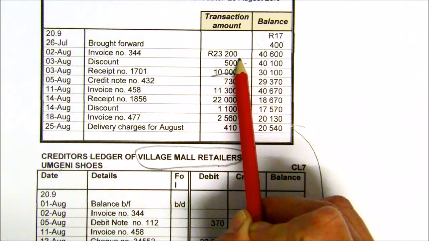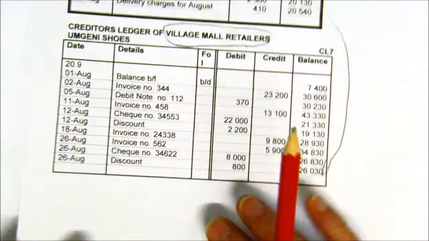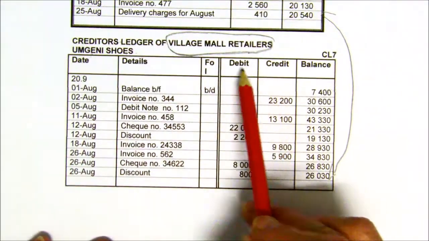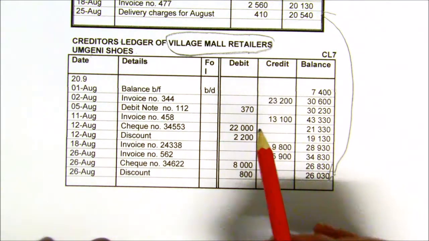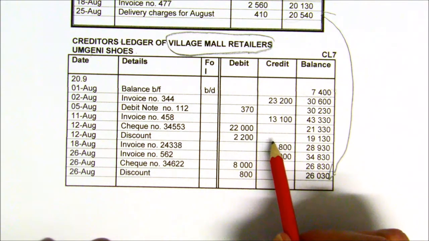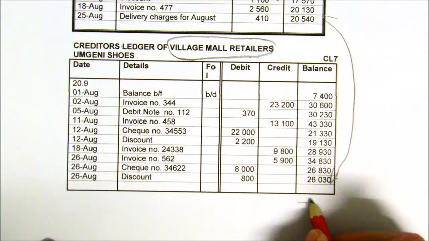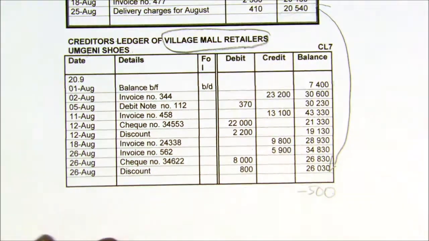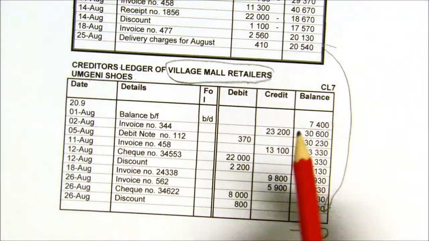Now remember, a discount, they would have minused it off your account. If you look here, there's no entry for 500 because you weren't aware that you were getting a discount. So we're going to have to minus 500 off this amount here because we received a discount.